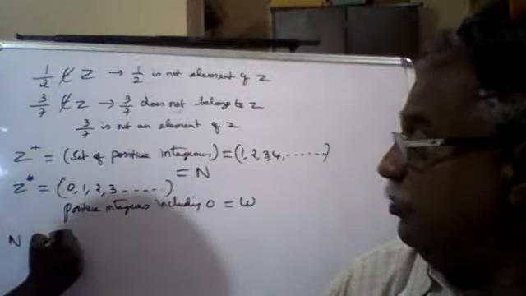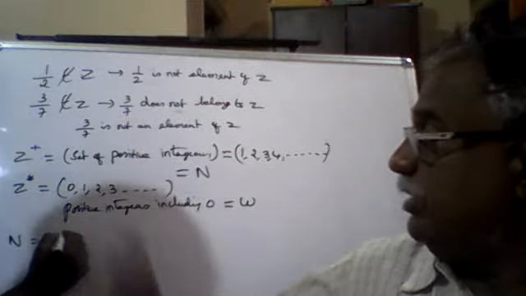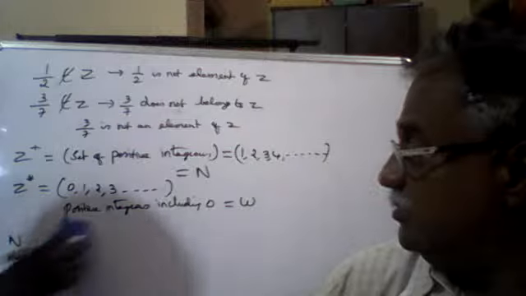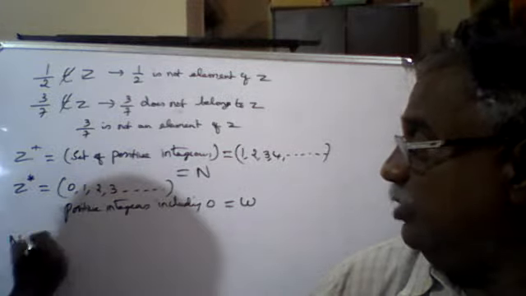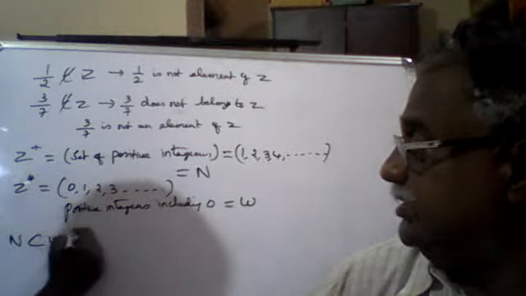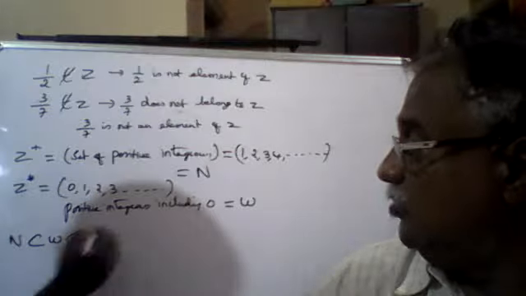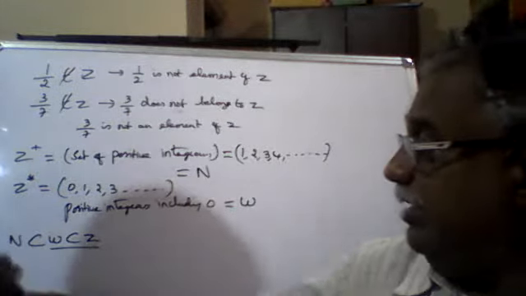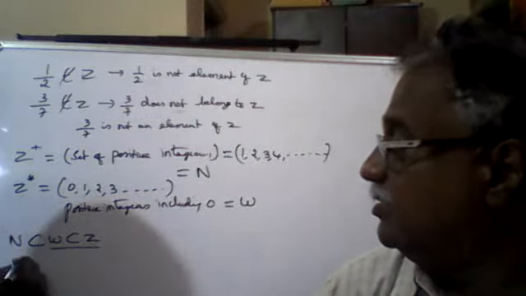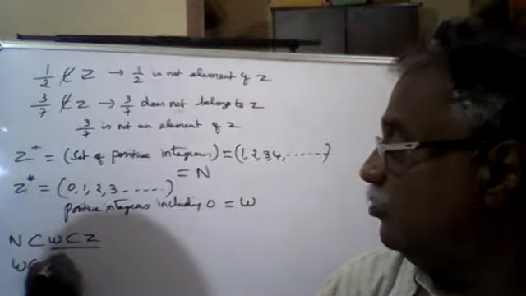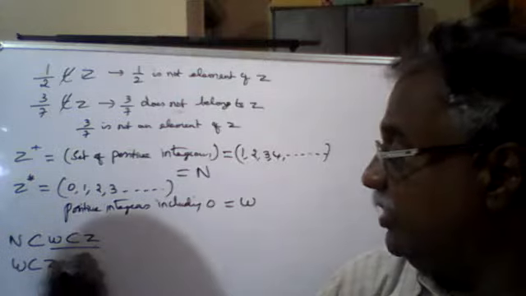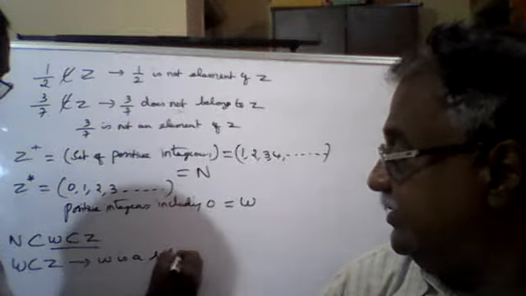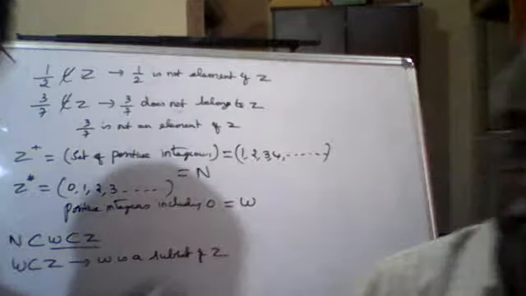Now you write like this: N is a subset of W. Put a subset symbol, don't put equal to, cancel the equal to. Put the subset symbol near N. N subset W subset Z. So first you put a line for this, and write this again: W subset Z. W is a subset of Z. The subset symbol means subset.